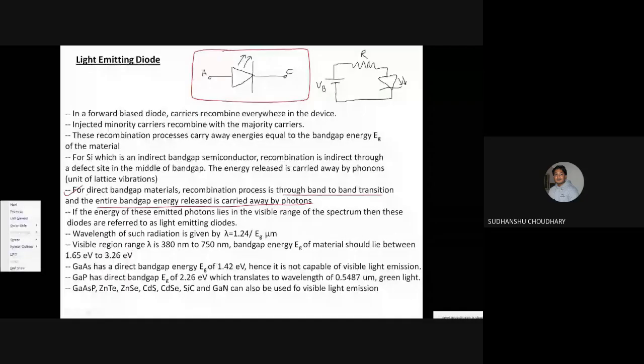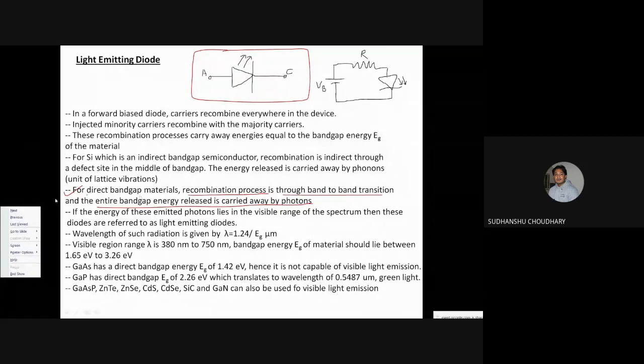For making an LED, you need to select a direct band gap semiconductor, where the recombination process will result in an energy equal to the band gap of that material, and that energy released during recombination will be carried away by photons, and then light can be created. So for LEDs you need to have a direct band gap material.